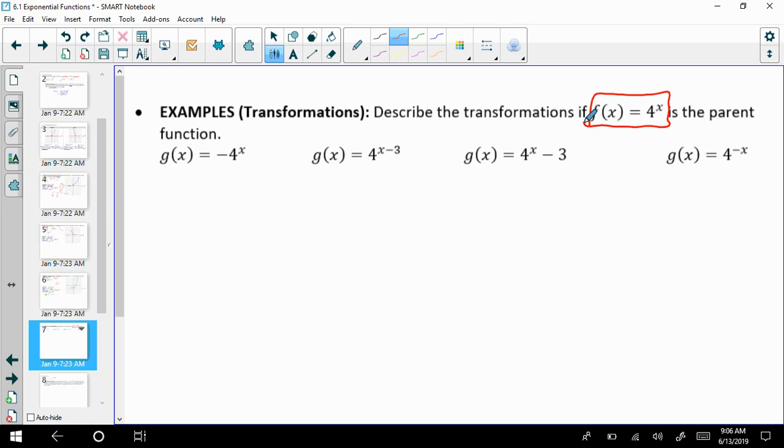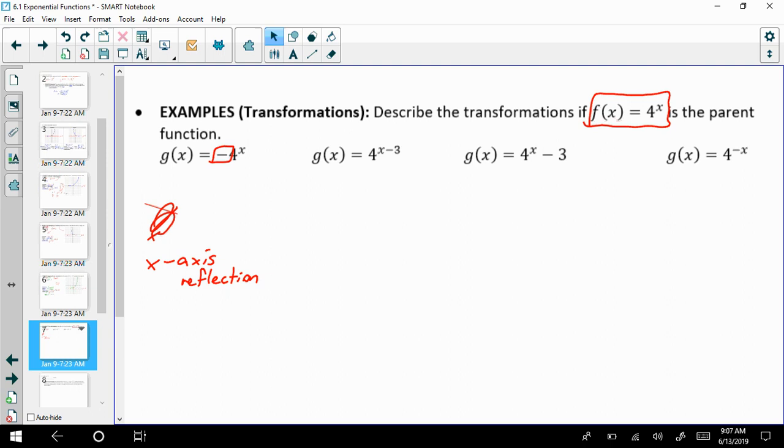So this first one, the only thing that's different is a negative has appeared out front. You might have to look back at your transformation notes, but if a negative appears out front, that was an x-axis reflection. So it would flip upside down.